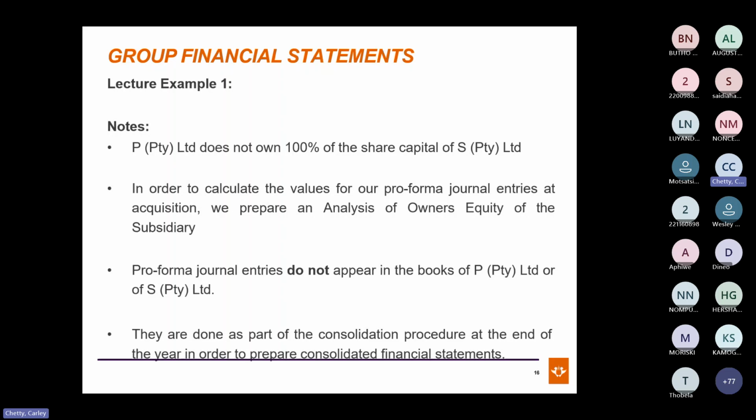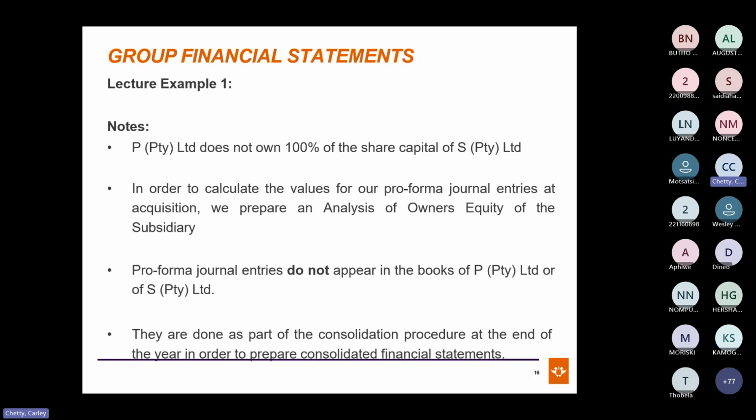So remember the pro forma journal entries are only done when the group financial statements are prepared. They do not appear in the books of PTY Limited or S PTY Limited. They are simply done as part of the consolidation procedure at the end of the year when preparing consolidated financial statements.